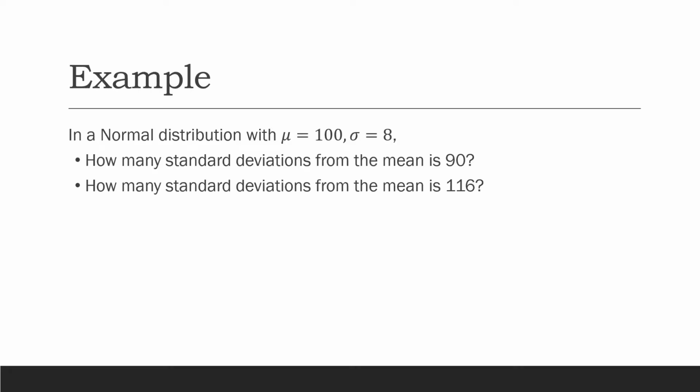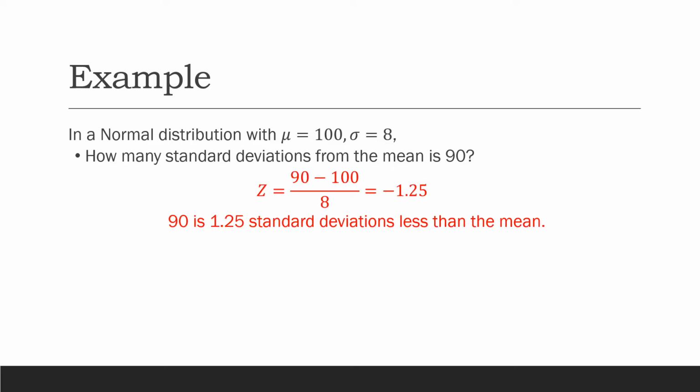In a normal distribution with a mean of 100 and a standard deviation of 8, how many standard deviations from the mean is 90, and how many standard deviations from the mean is 116? We're going to calculate the z-scores for each of these values. The z-score for 90 is negative 1.25, which tells us that 90 is 1.25 standard deviations less than the mean.